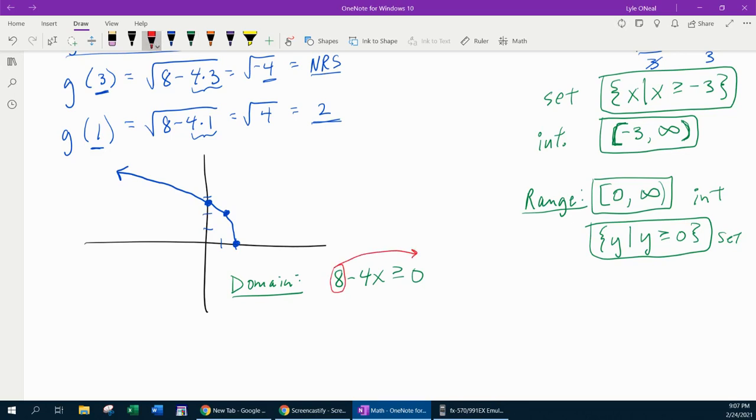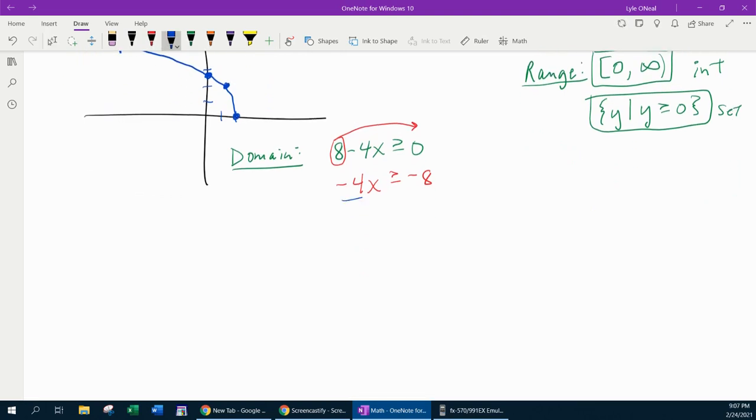I'm going to move the 8 over, which is going to make it negative 8. And then if I divide both sides by negative 4 to get rid of the negative 4, I'm going to need you to remember that when you divide by a negative number, the inequality has to flip. And a negative over a negative makes a positive.